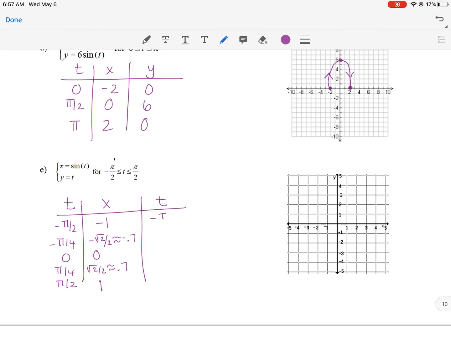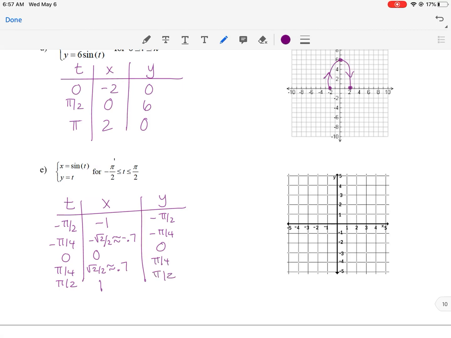Okay, so then on our y values, they're going to output exactly what t is. This is really our y values. So we get negative pi halves, negative pi fourths, 0, pi fourths, pi halves.